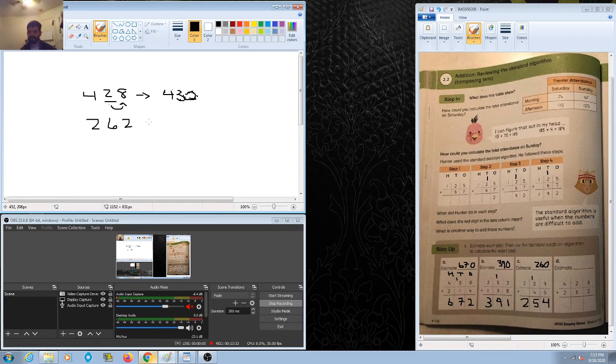And then 262 is going to round down to 260. Okay. So our estimation is going to be 0 plus 0 is 0, 3 plus 6 is 9, and 4 plus 2 is 6. So our estimation should be about 690.